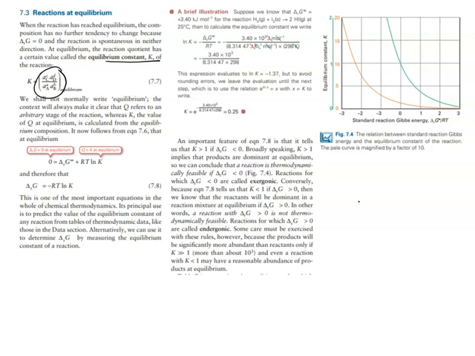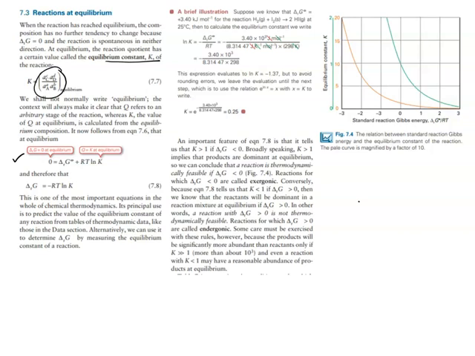So it now follows from equation 7.6 that at equilibrium, because delta G is 0, we can say 0 equals delta G reaction under standard conditions plus RT natural log K, because Q can now be substituted by K, as it is simply Q at equilibrium.